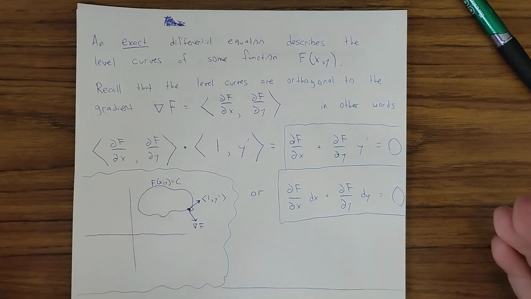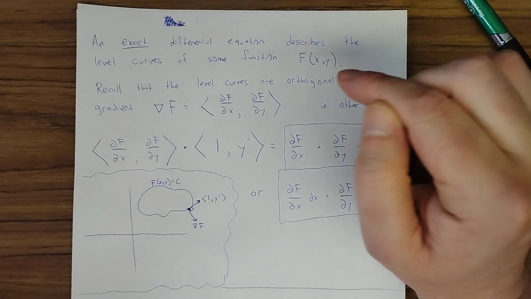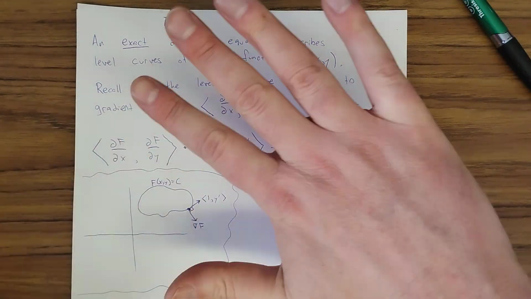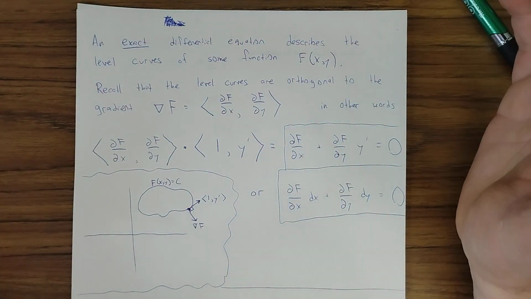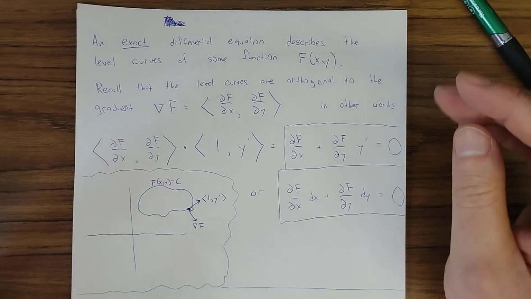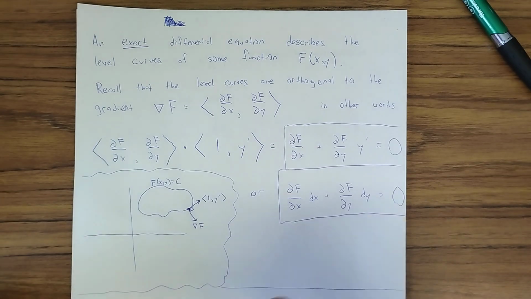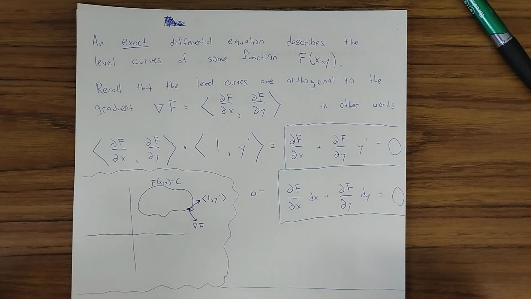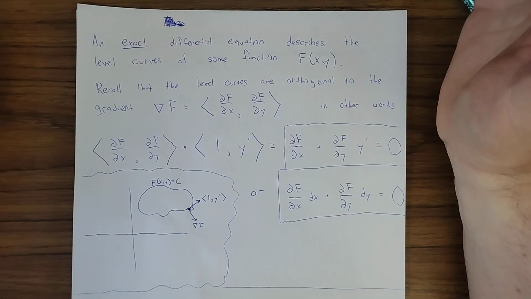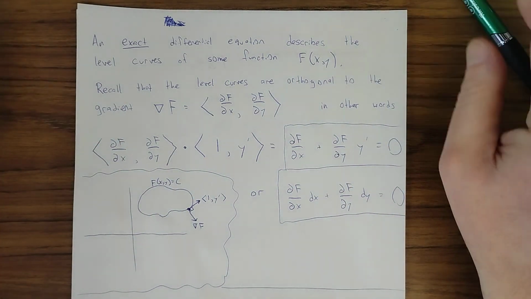And the level curves are like the horizontal slices of that 3D graph. In other words, you take a slice parallel to the xy plane, and that gives you a curve in 2 dimensions.